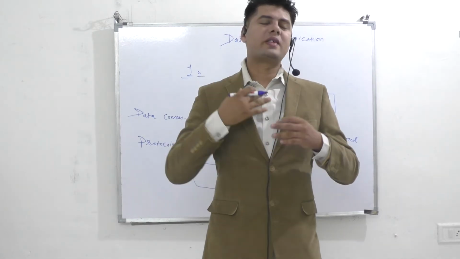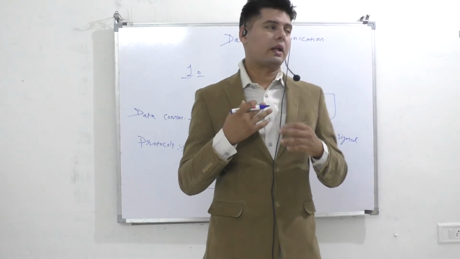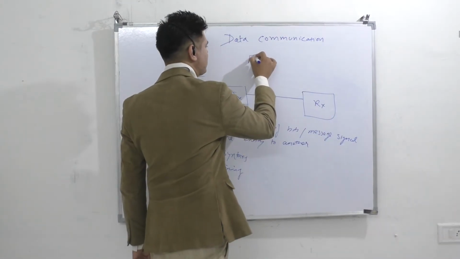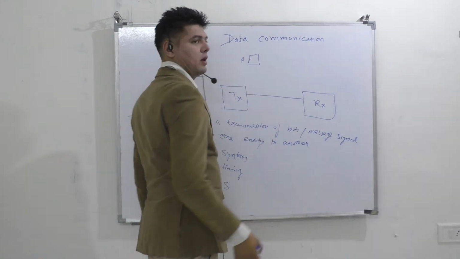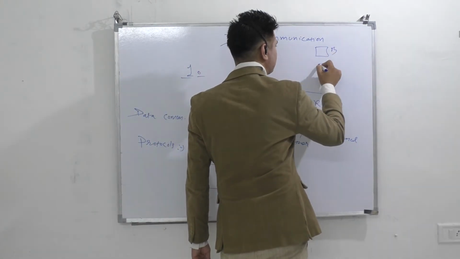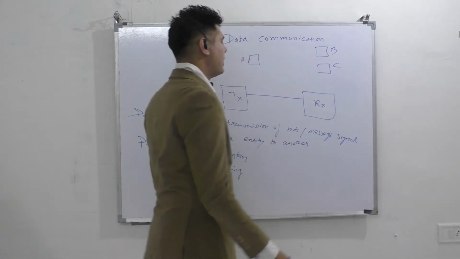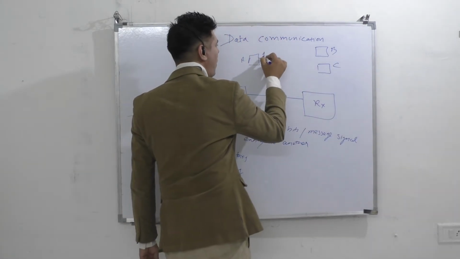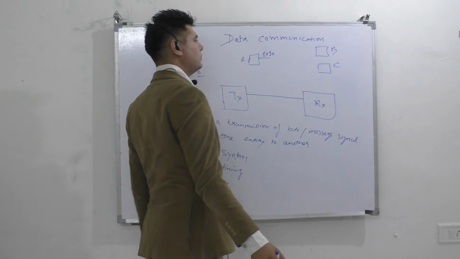Suppose I am a transmitting node A and there are two receiving nodes B and C. Now I have a data 1010.